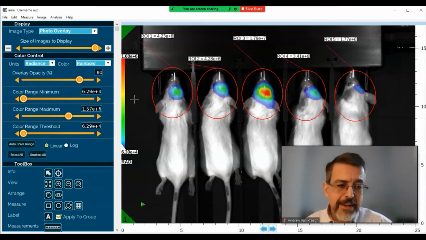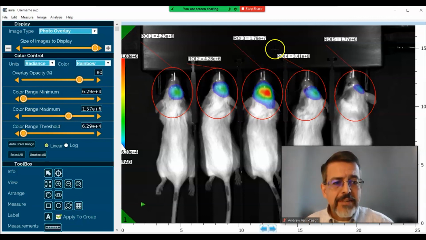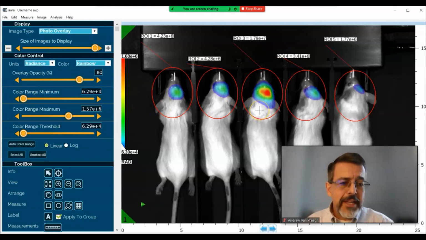So this is a secondary analytical source of variability in mean radians that will add variability to your data that simply isn't there biologically. Okay? And all of this, the variability that you get in mean radians for using different size ROIs, the variability in mean radians that you get because there's a different ratio of signal to background number of pixels between mice, all of that is very neatly avoided when you report your data in terms of total photons per second.